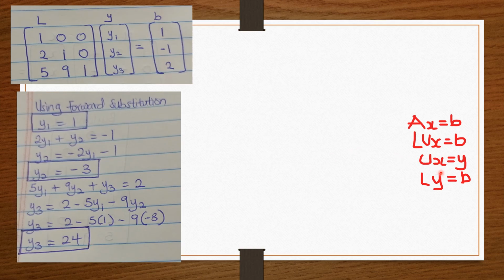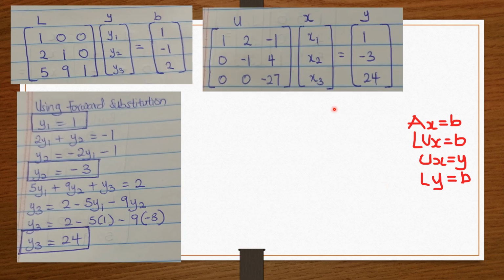Since we started with LY equals B, now we can use the next formula, which is UX equals Y. Now that we know Y and we also know U, it means finally we can calculate what x is. So let's use UX equals Y. Since we know U to be 1, 2, negative 1, 0, negative 1, 4, 0, 0, negative 27, we can now find x1, x2, and x3 since we know Y. For this one, we are going to use the back substitution because it is easier to find the value of x3 than it is to find the value of x1.